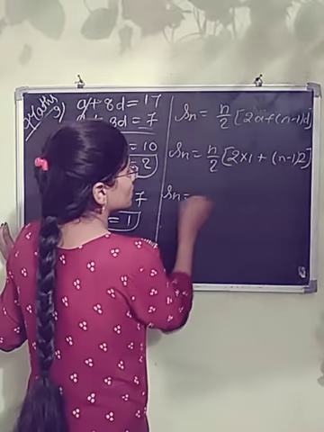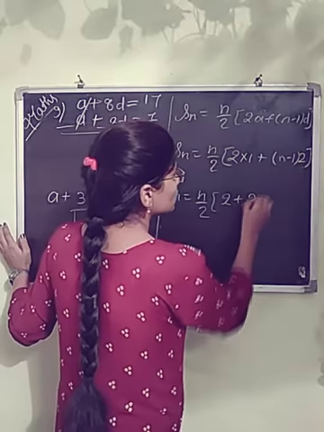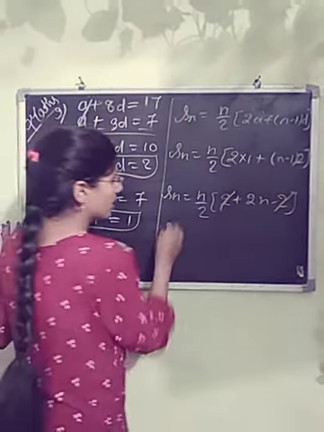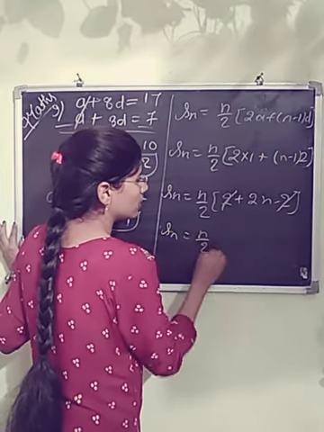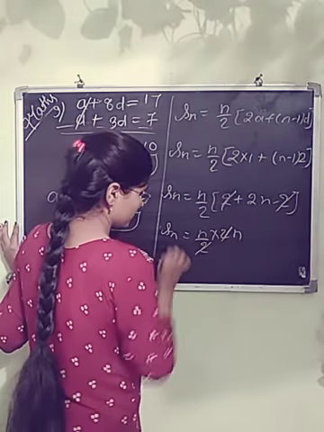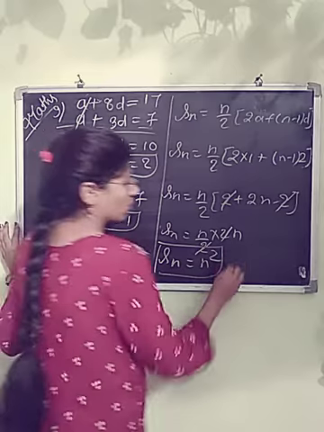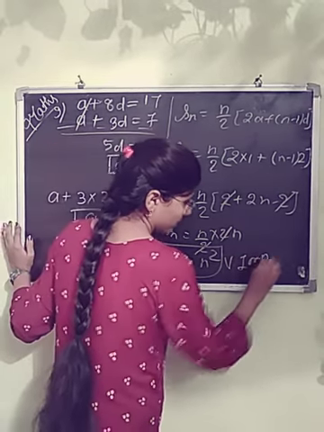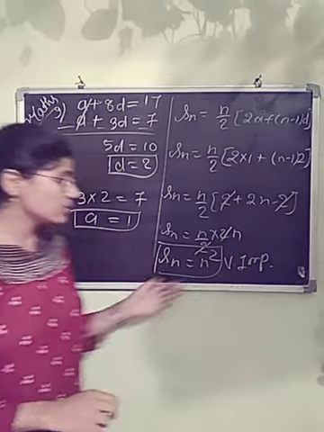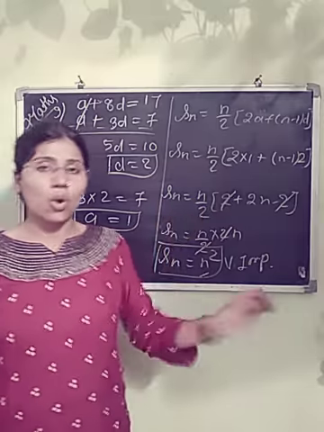So Sn equals to n by 2, 2 plus 2n minus 2, and you can see that these two will be cancelled, and Sn equals to n by 2 into twice of n. Sn equals to n square. Now it's very important, please note it down.